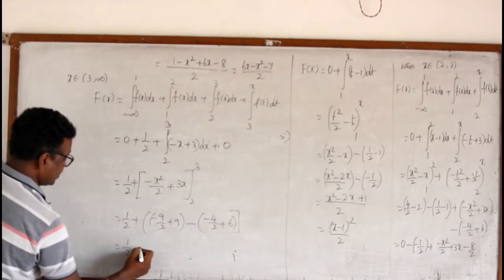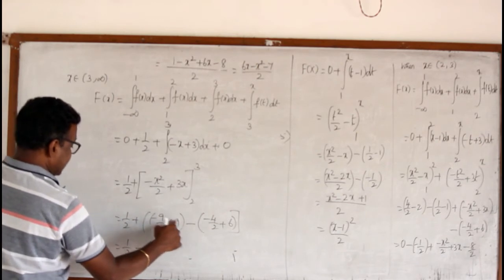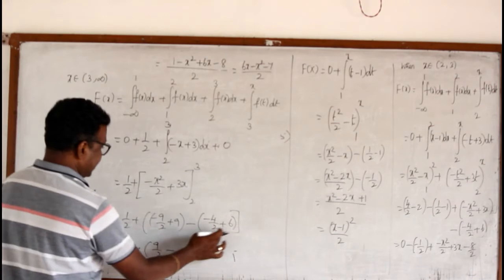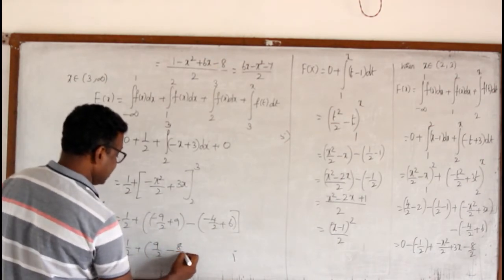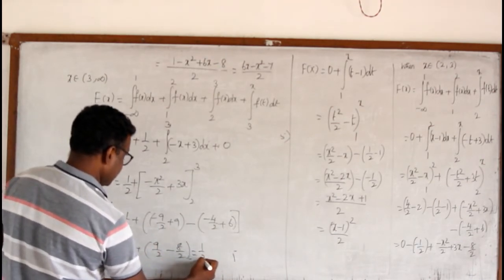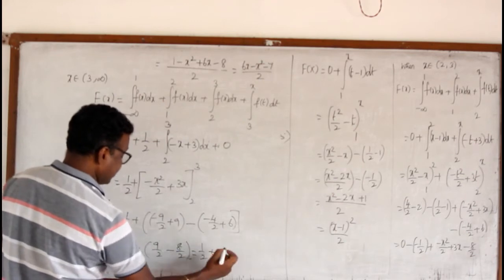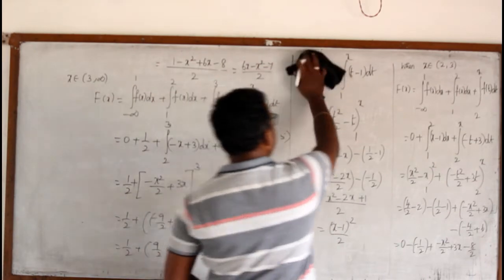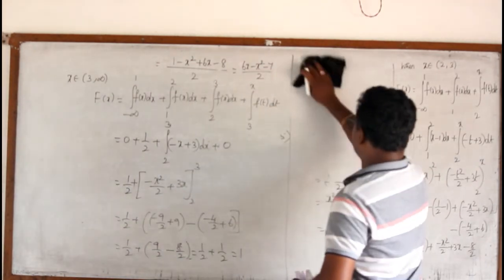It is 1 by 2. 9 2s are 18 minus 9, 9 by 2, minus again 12 minus 4, 8 by 2. So it is 1 by 2 plus 8 minus 8 is 1 by 2, and half plus half is 1. So with that function f of x is found.